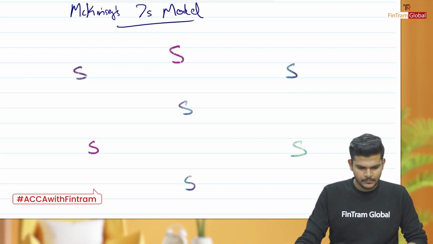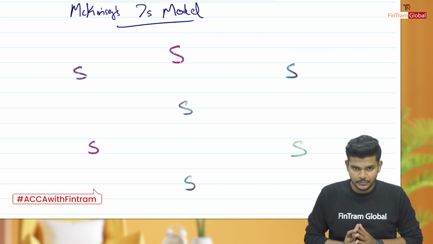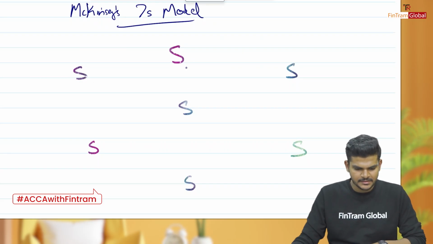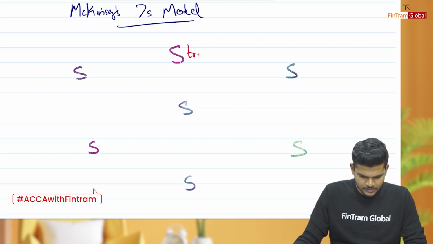Yeah. So when we look at the McKenzie's 7S model, right, there are some soft elements as well as some hard elements, right? So let's go one by one. What does the first S stand for? There would be structure.